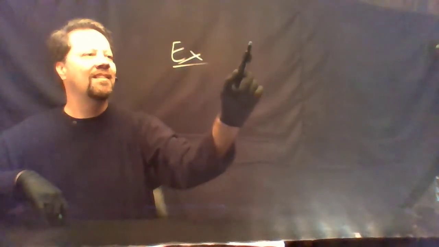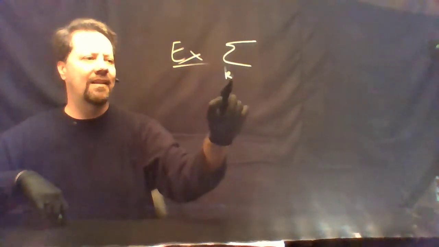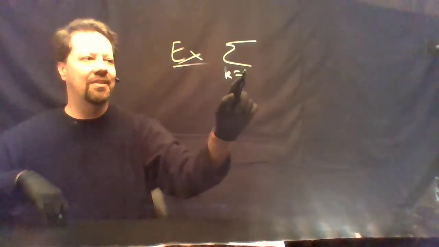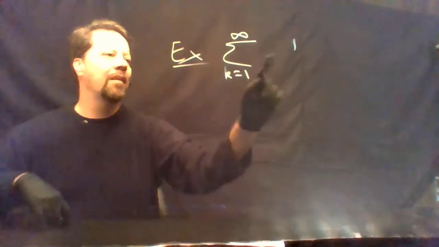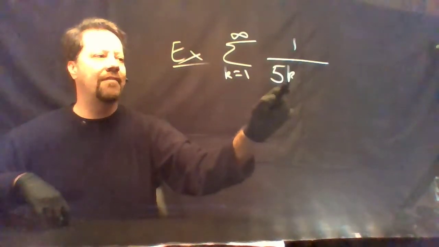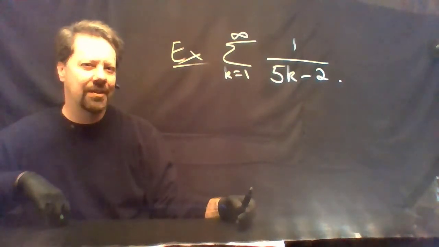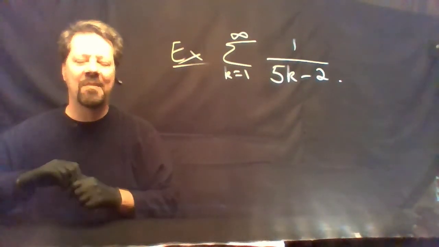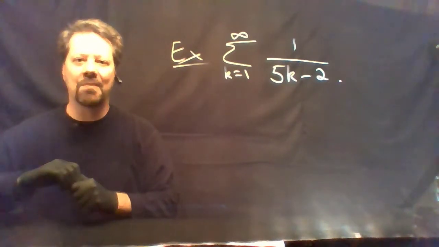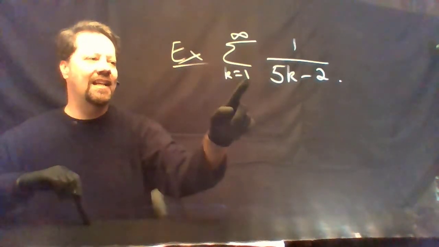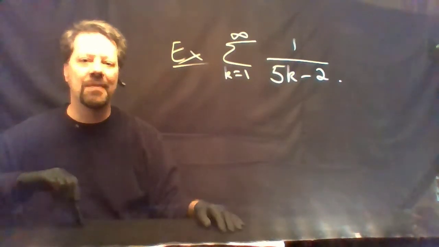Let me give you an example to show you how this works. Suppose I have the sum as k goes from 1 to infinity of 1 over 5k minus 2. Converge or diverge? Remember, we can ignore the small stuff. As k gets big, the minus 2 becomes meaningless.